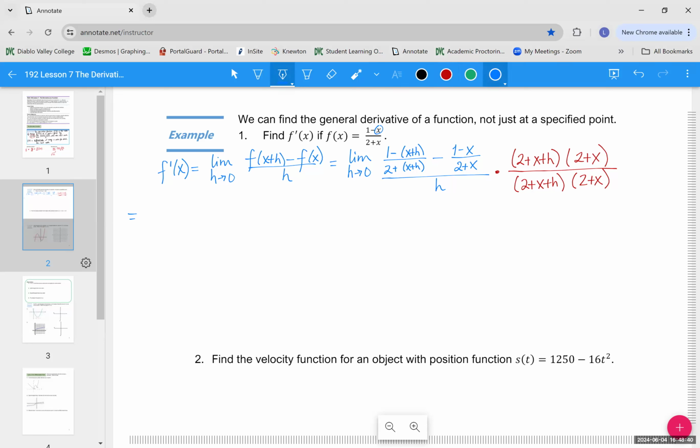Okay, so that gives me the limit as h approaches 0. Now, when I multiply this by this first term, the 2 plus x plus h's will cancel. So I will have my numerator times 2 plus x. So I'll call that 1 minus x minus h, just distributing the negative there, times 2 plus x.